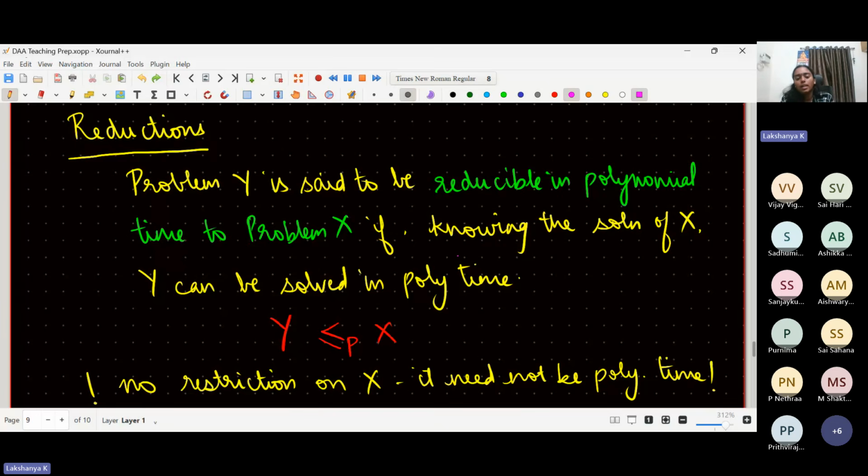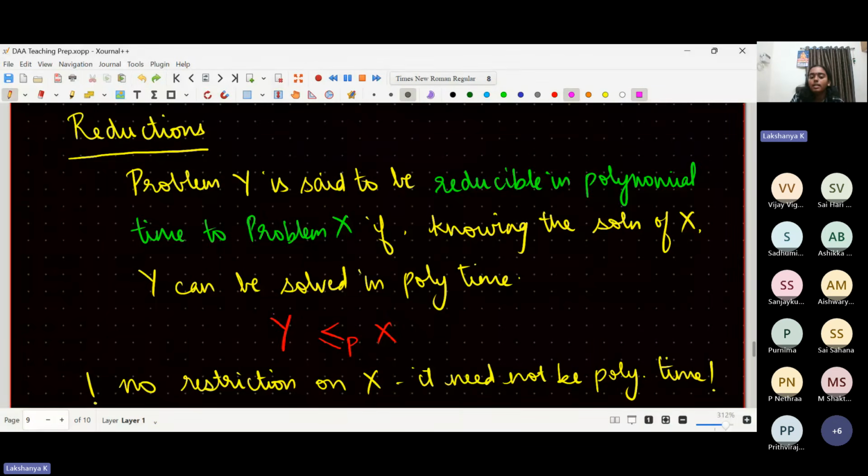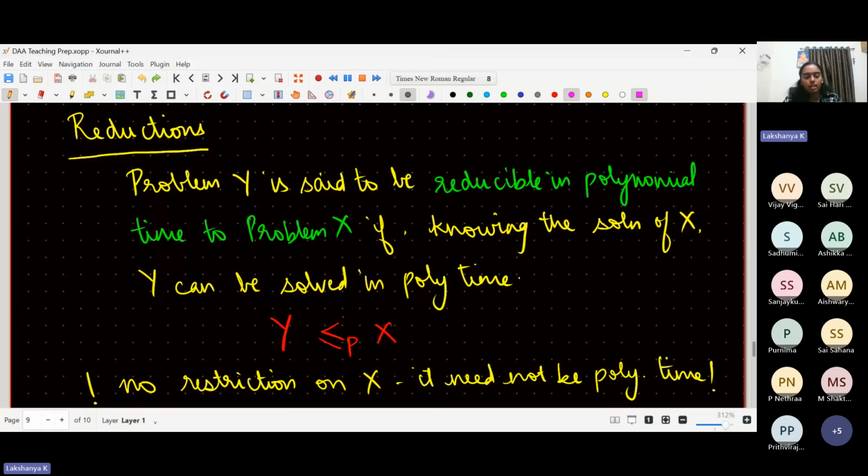So you can take any amount of time, any algorithm, any magic to solve x. But once I know the solution of x, I can use that solution to solve y in polynomial time. That's what I call y being polynomial time reducible to x, and y ≤p x is how we mathematically denote it. So is the definition of reductions clear? Everyone?